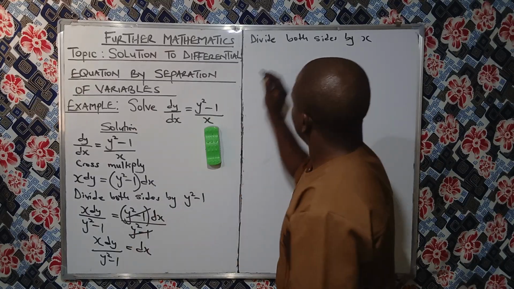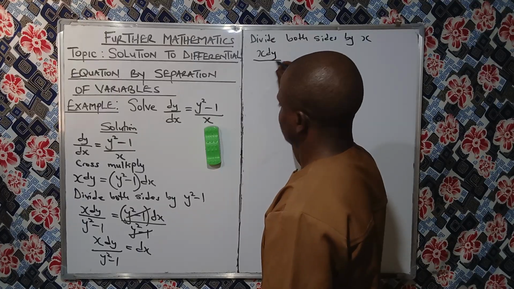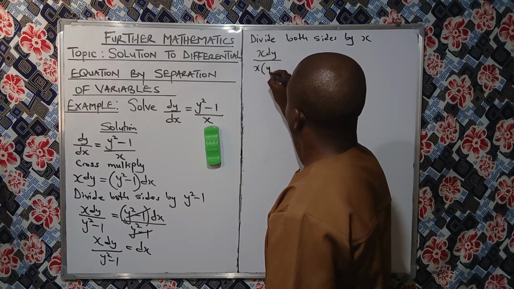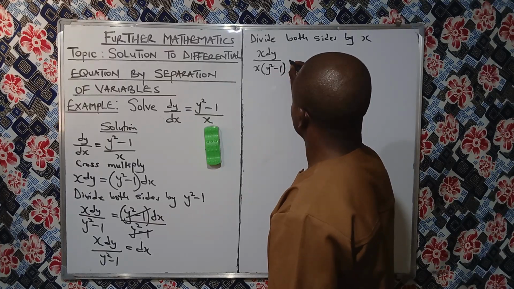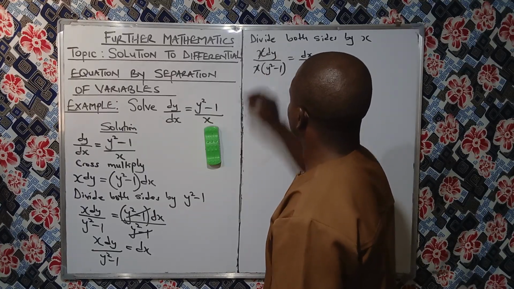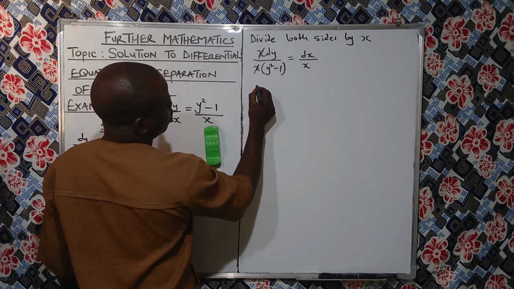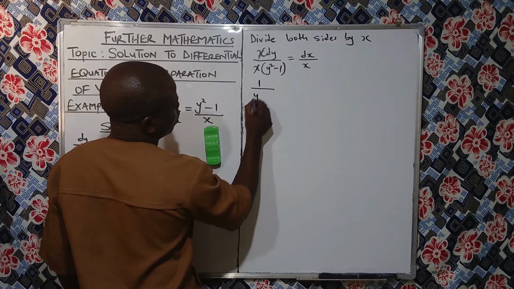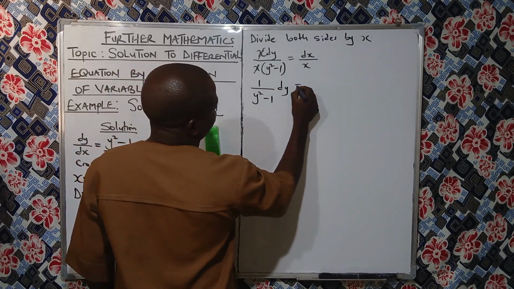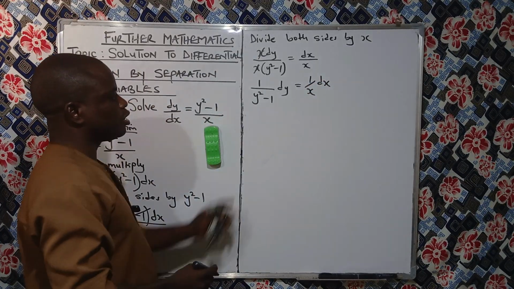Now x dy over x, so this statement y squared minus 1 equals dx over x. x cancels x. We're left with 1 at the front. Let me separate it: 1 over y squared minus 1 dy equals 1 over x dx. Try to make some separation.